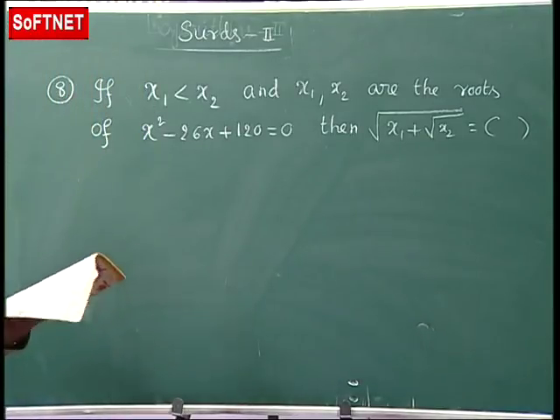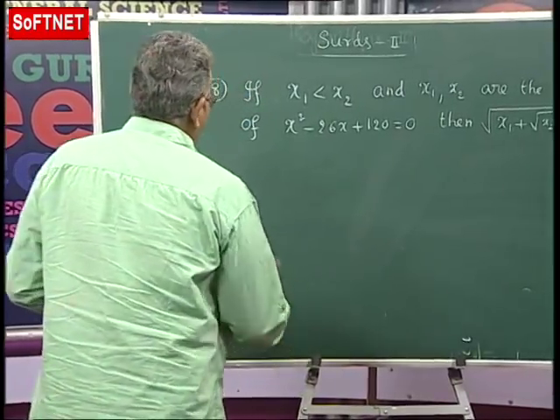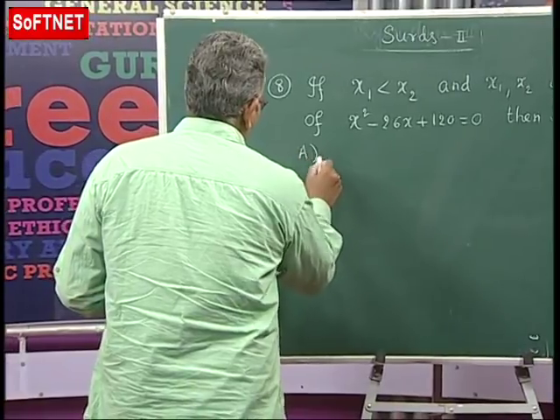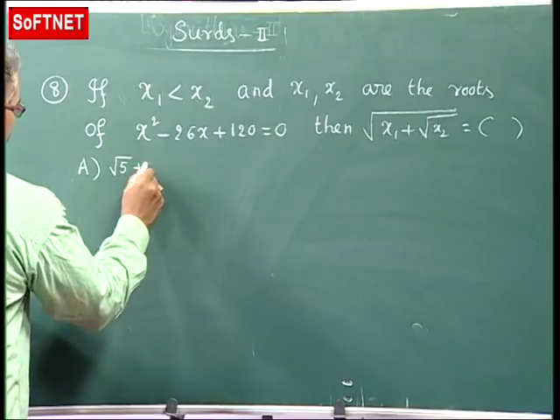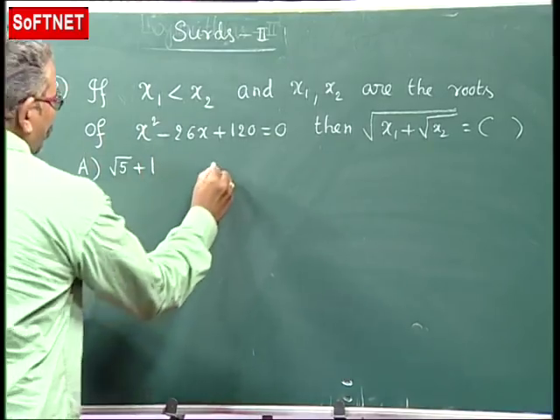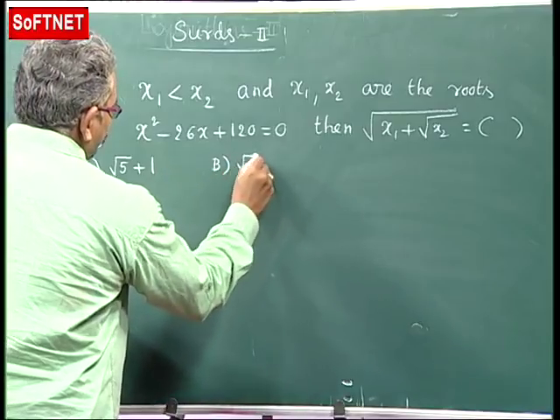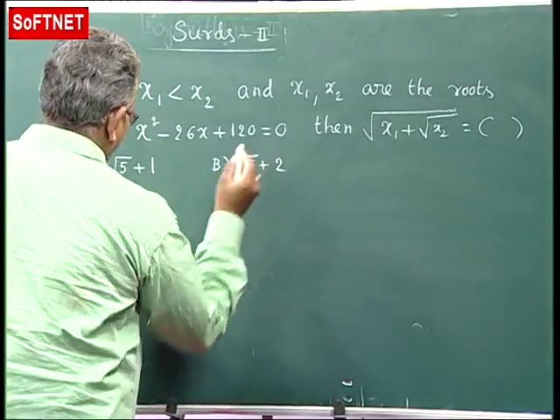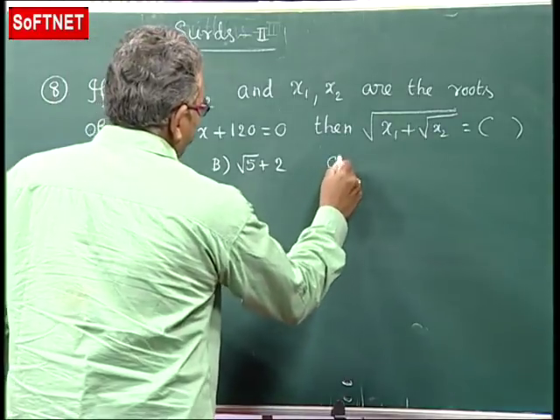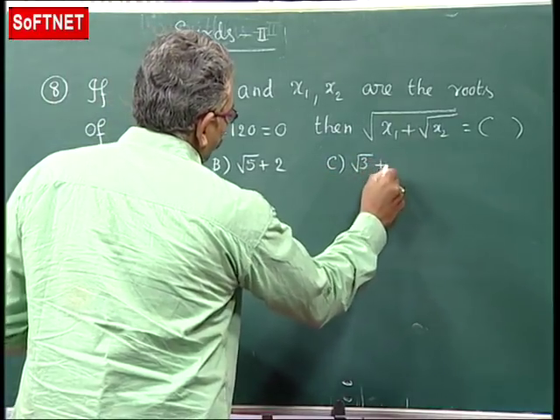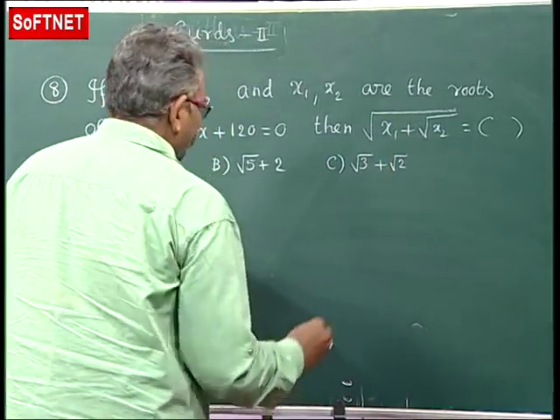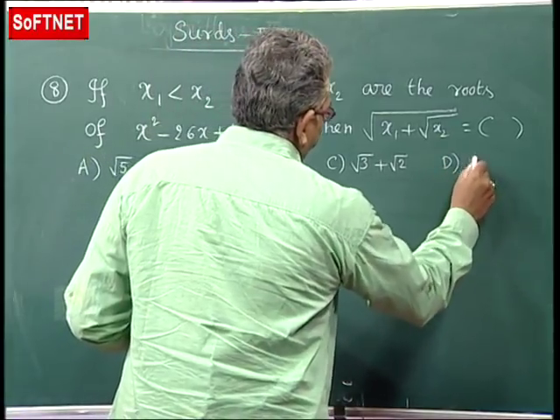This is the question. A, root 5 plus 1, B, root 5 plus 2, C, root 3 plus root 2, D, root 5 plus root 3.